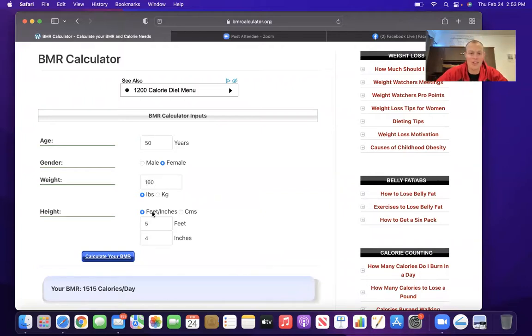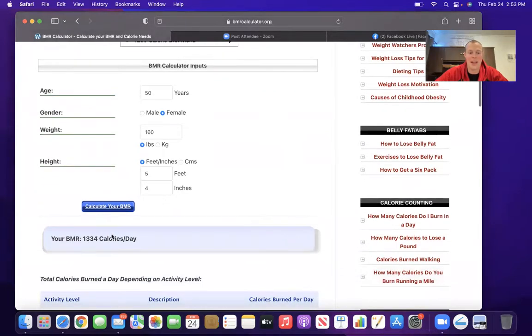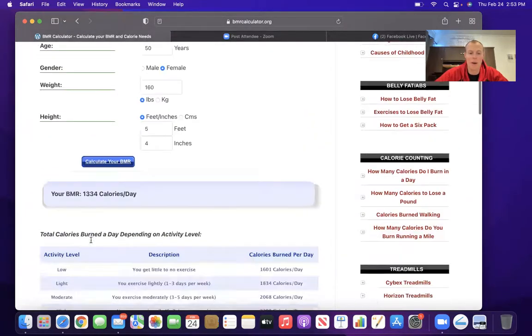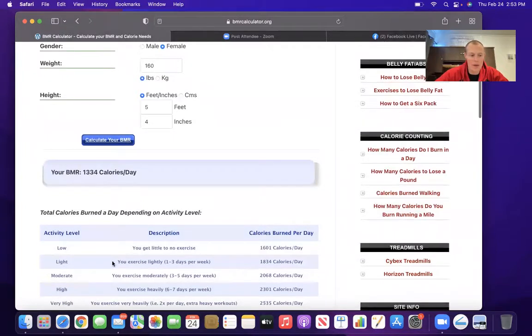Obviously their height probably didn't change while they were losing weight. Now, if they sat on the couch all day because they are 40 pounds less, their base metabolic rate is 1,334. We're going to assume they're still working out 1 to 3 days per week. So now they can eat about 1,850 calories per day.